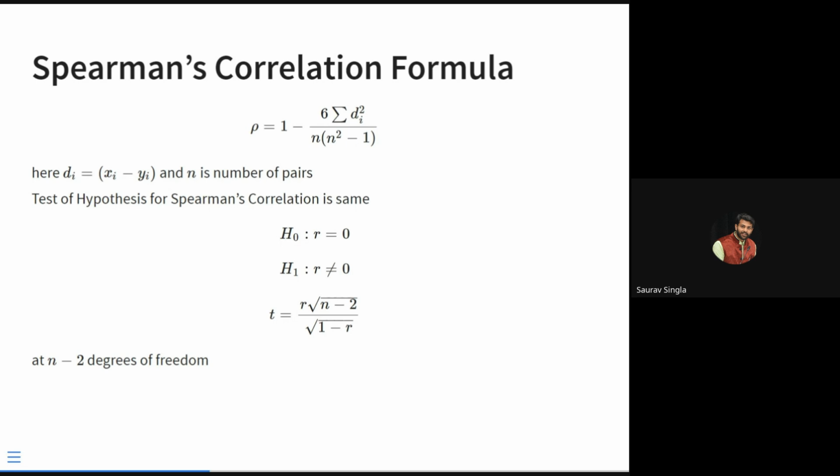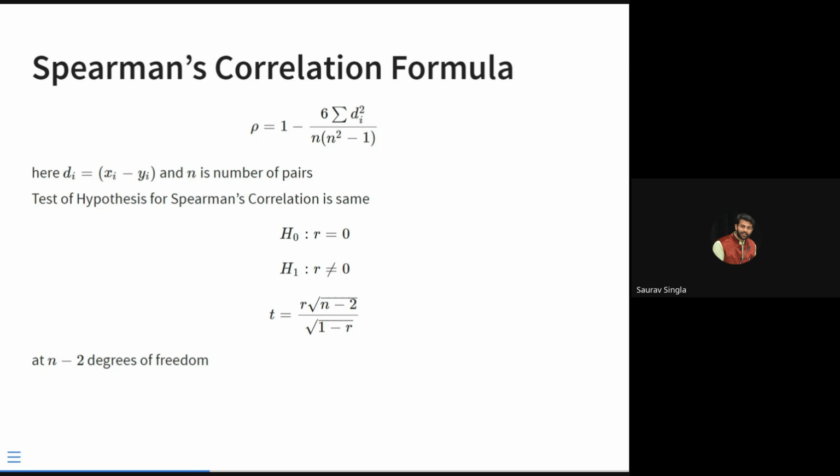Now, what is the benefit? The benefit is that sometimes when you are using real life data, this problem might occur: the values that you are taking for the x variable and y variable are not following the normal distribution.